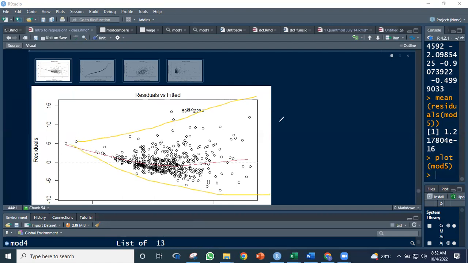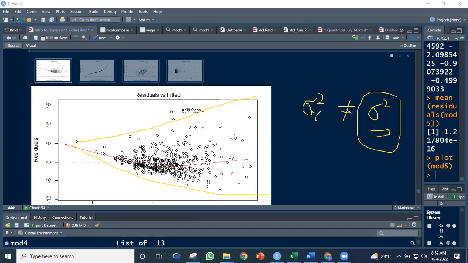Hindi constant yung variance natin. Our variance, let's call it sigma squared sub i, okay? It's not equal to sigma squared. Ang homoscedastic, guys, ang variance constant kasi dapat, sigma squared lang.